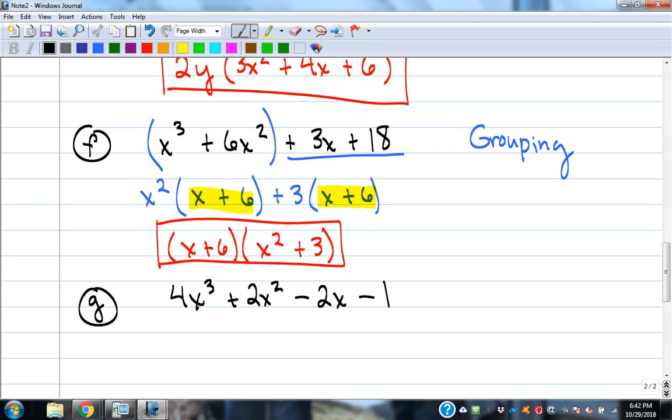Is there a GCF for the entire problem? No, that one on the end messes it up. Thought 2 was going to be it, but the one on the end messes it up. Okay? So, how many terms are there? 4 terms. So that tells me I'm going to use what method? Grouping. First 2 together.